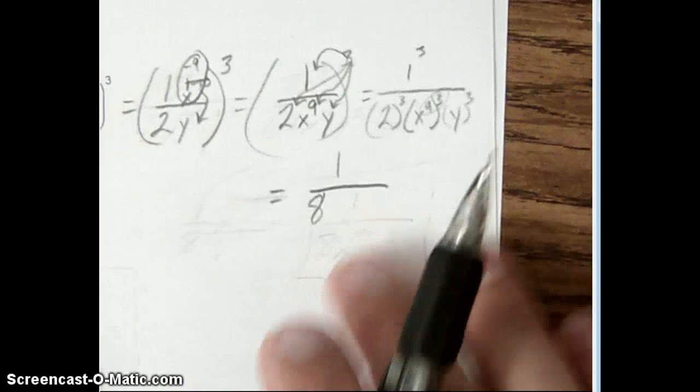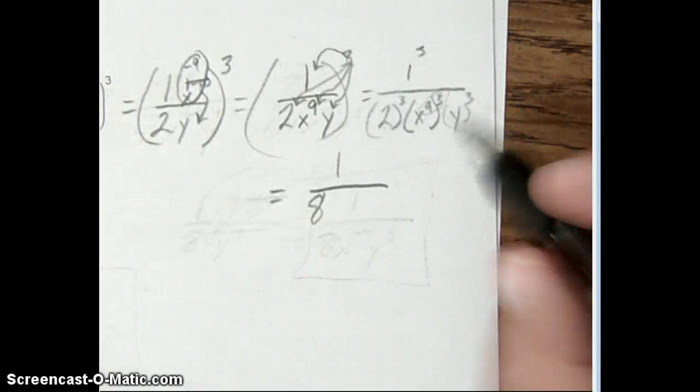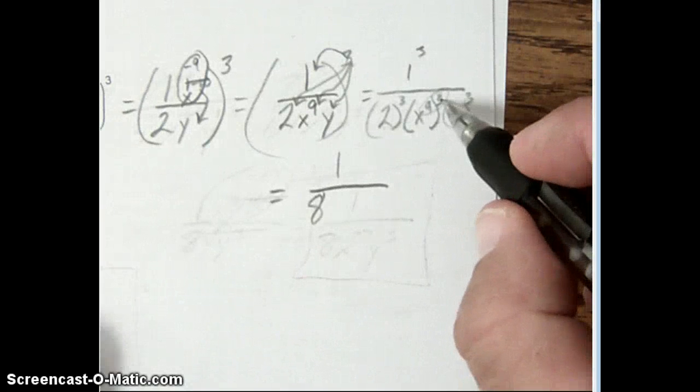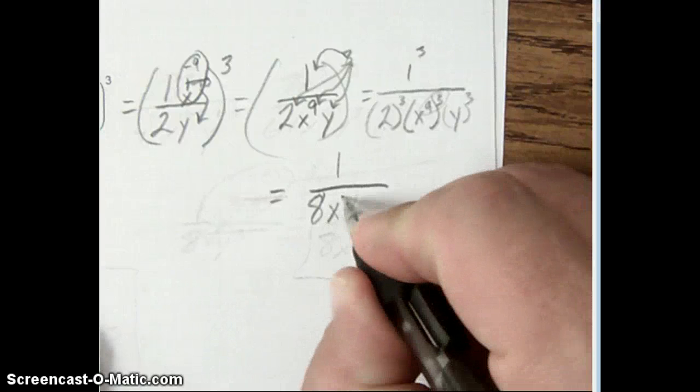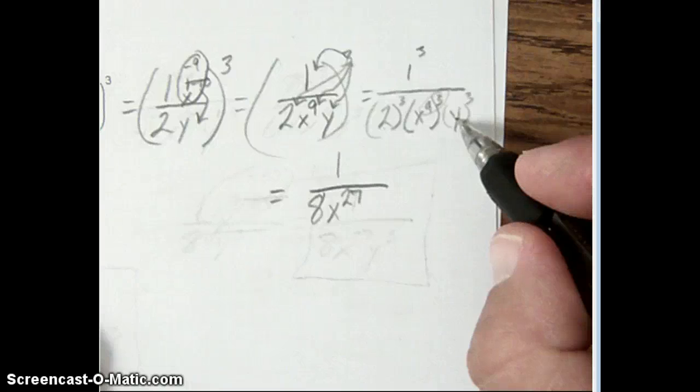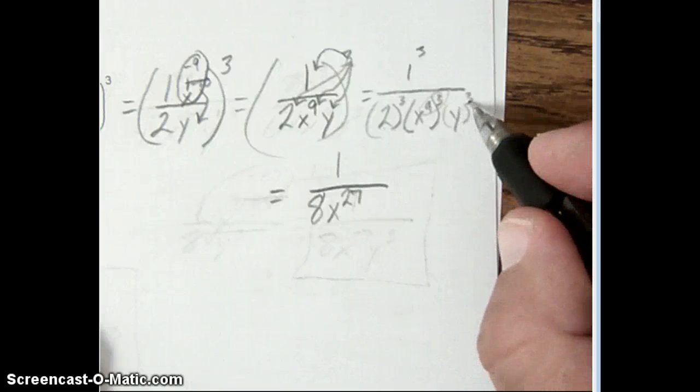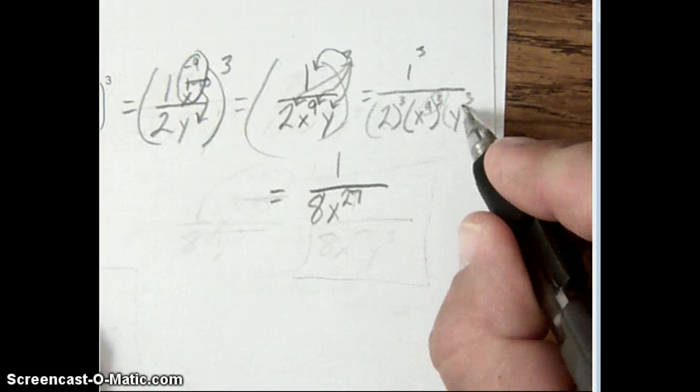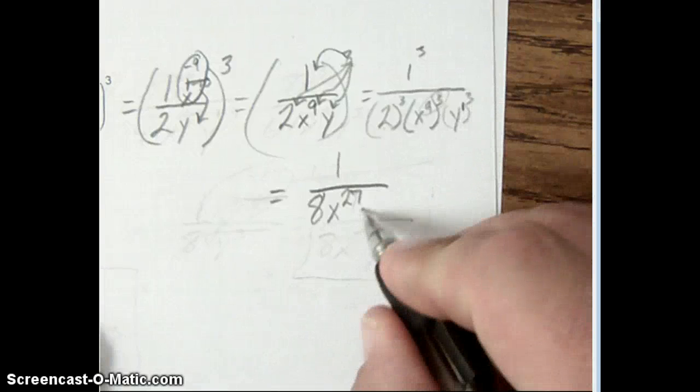So we multiply those two exponents. So if I have x to the 9 times 3, that ends up being x to the 27. And then this is y to the 3rd power. Technically it's y to the 1, so 1 times 3 would still just be the 3rd power.